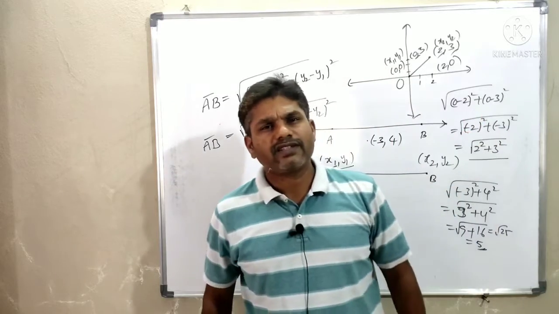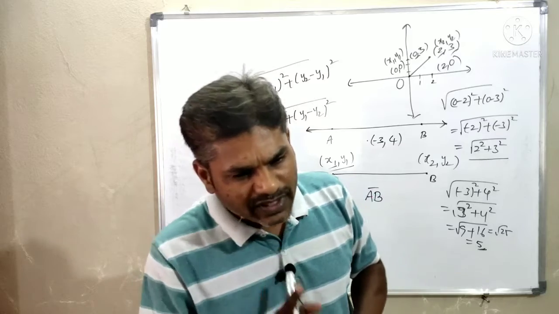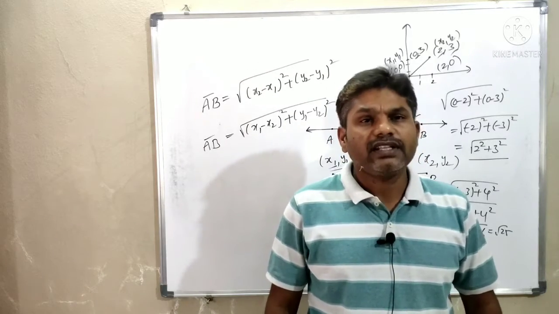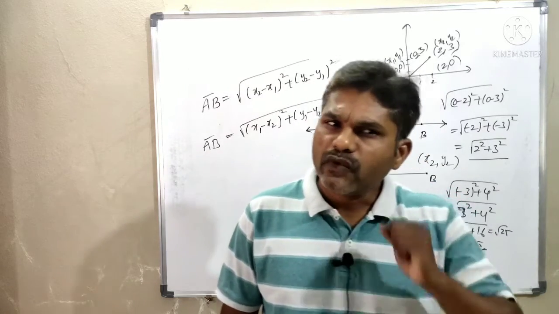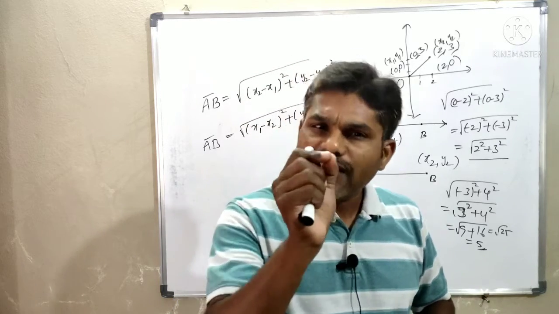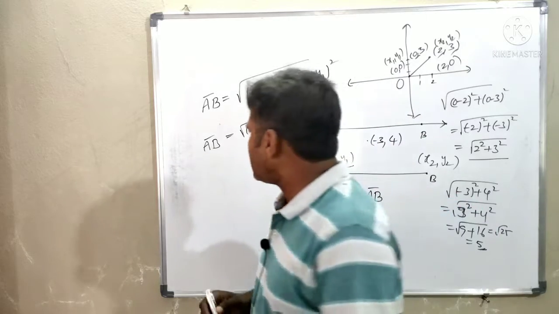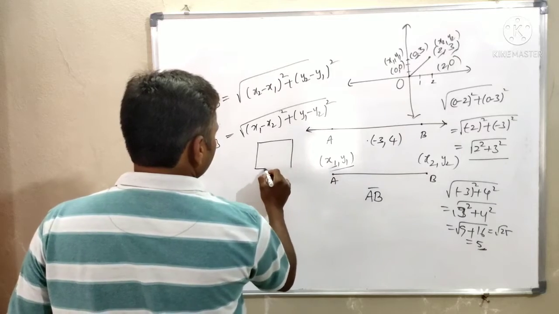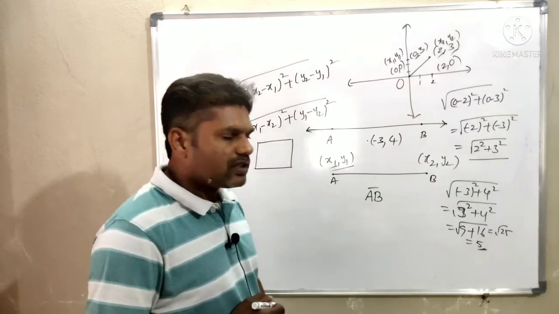Now the question arises, what are the applications of this formula? Definitely there are many applications. For example, if you want to show that any quadrilateral is a square, you know that a square is a geometrical figure, a quadrilateral with 4 sides.